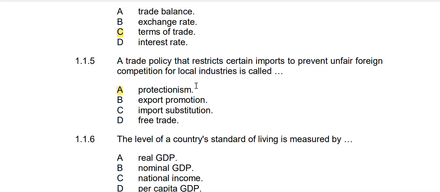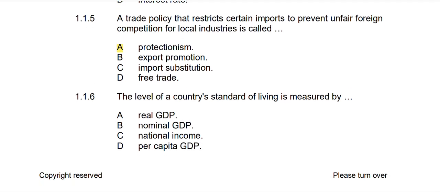Then 1.1.6, the level of a country's standard of living is measured by A, real GDP, B, nominal GDP, C, national income, D, per capita GDP. And then what is the correct answer in this case?